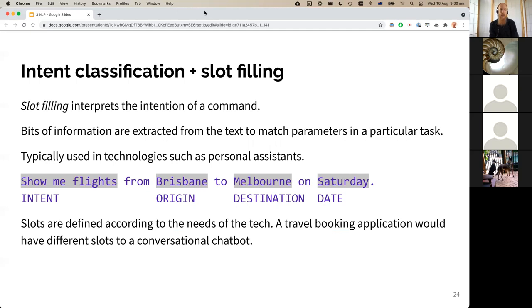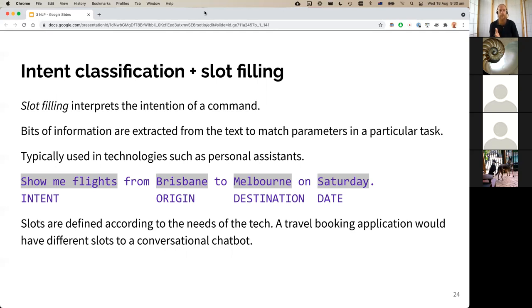So the example here, show me flights from Brisbane to Melbourne on Saturday, can be parsed, and the intent in this instruction is to show me flights, to give me some transport information. The Brisbane term here can be used to fill the slot origin. Melbourne can be used to fill the slot destination, and Saturday fills the date slot.